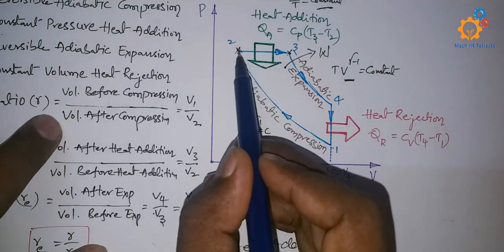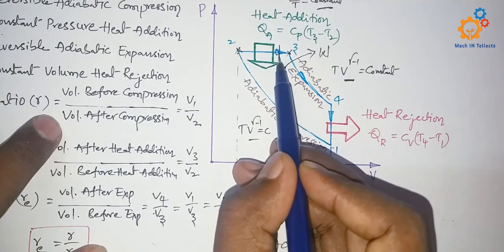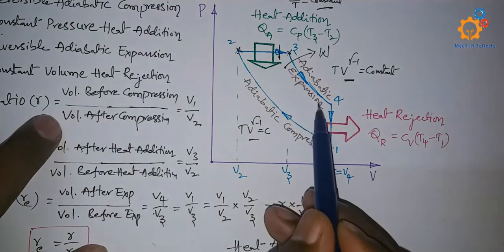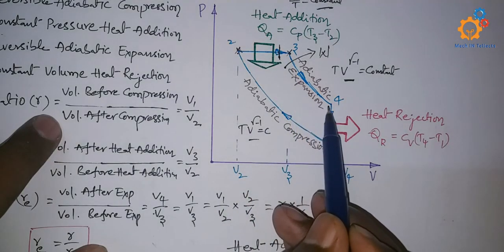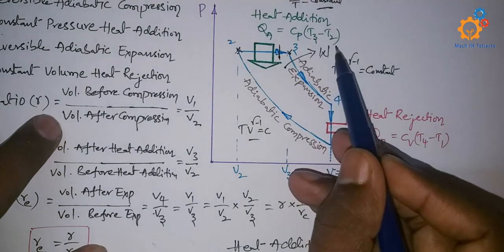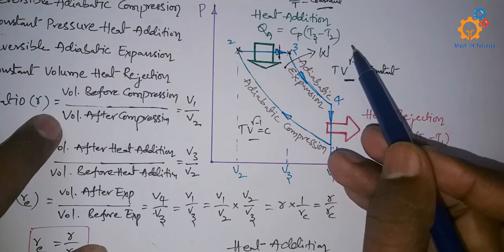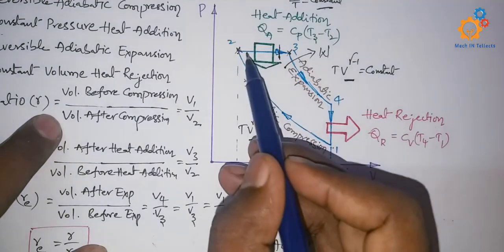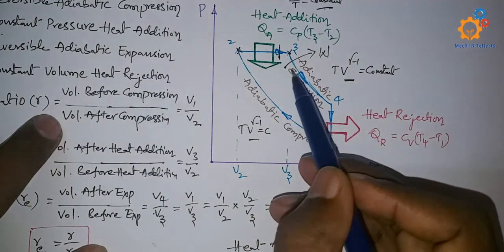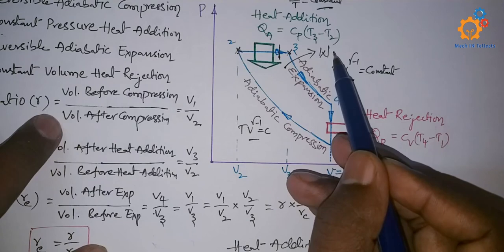If you have a lesser constant pressure heat addition, then you will have a longer expansion process. That means you will get more work done. If useful work is more, it means more efficiency. Okay, your cutoff ratio should be minimum to get more work done.